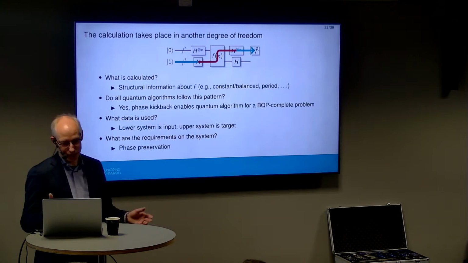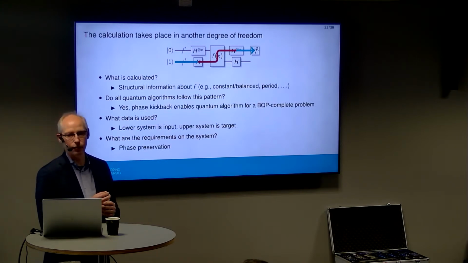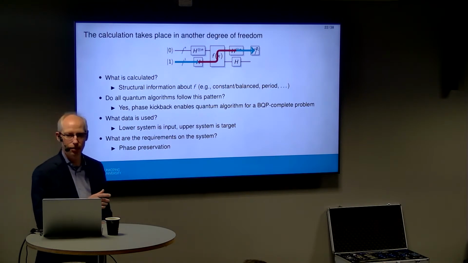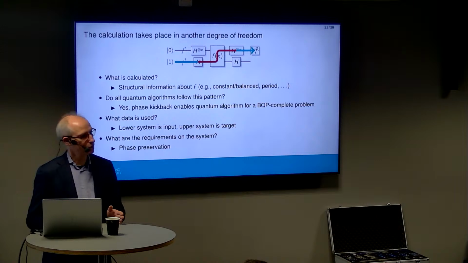And the answer is like that. What is calculated is structural information about F. I showed you an example if the function is constant or if it's balanced. But you could also extract something like the function period. How many steps do you need to take to get back the original value?